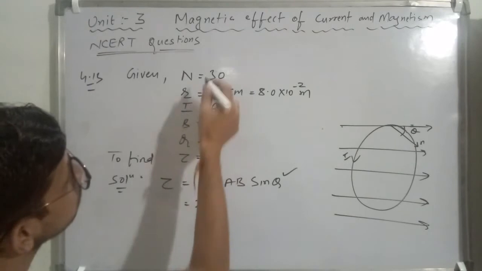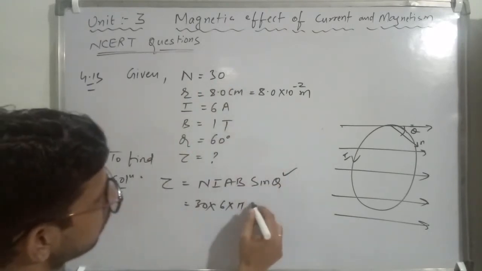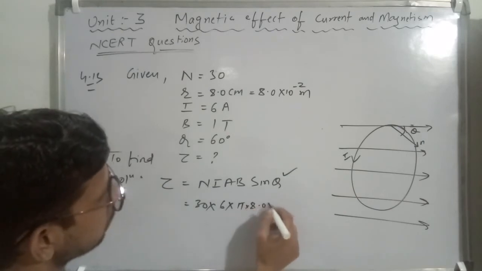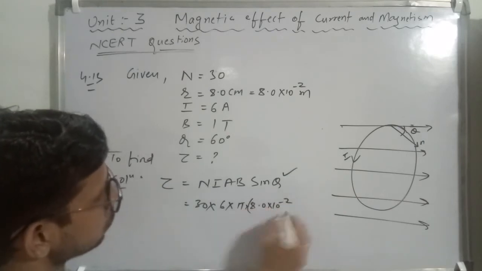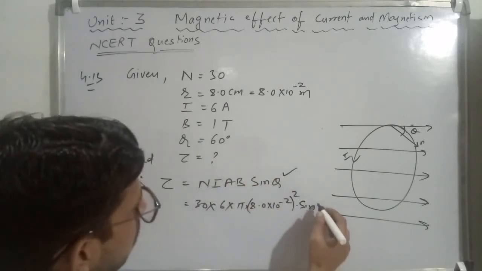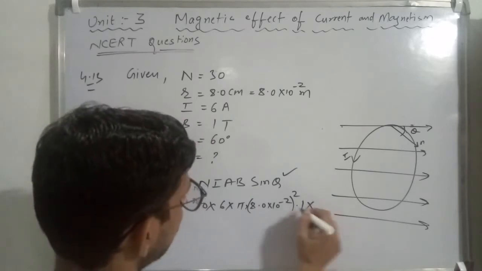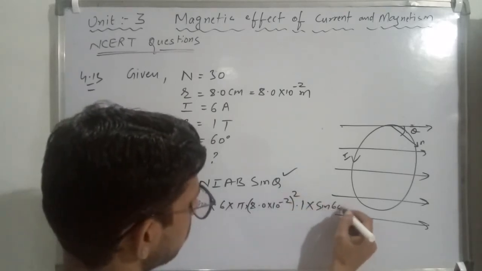N is 30, I is 6, area pi r square, 8.0 × 10 raised to power minus 2, into B sine theta. B is the magnetic field, which is 1, and sine 60 degree.